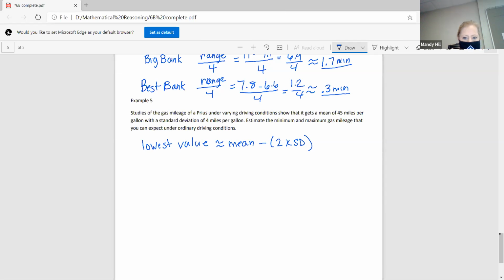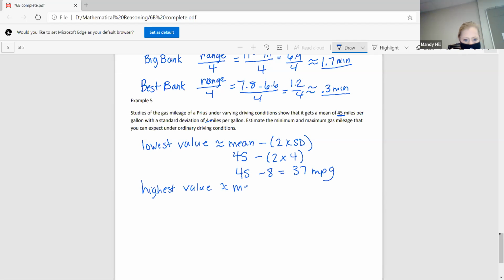They told us in this problem that we have a mean of 45 miles per gallon. Minus 2 times our standard deviation, and our standard deviation is 4 miles per gallon, so that would be 45 minus 8, which is going to get me 37 miles per gallon. Okay, our highest value, well, it's the exact opposite.